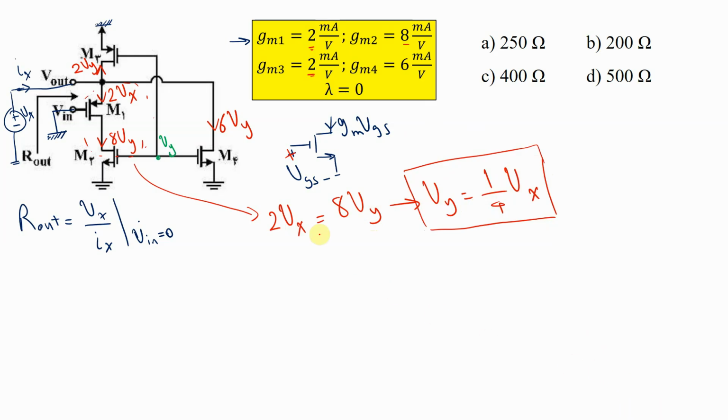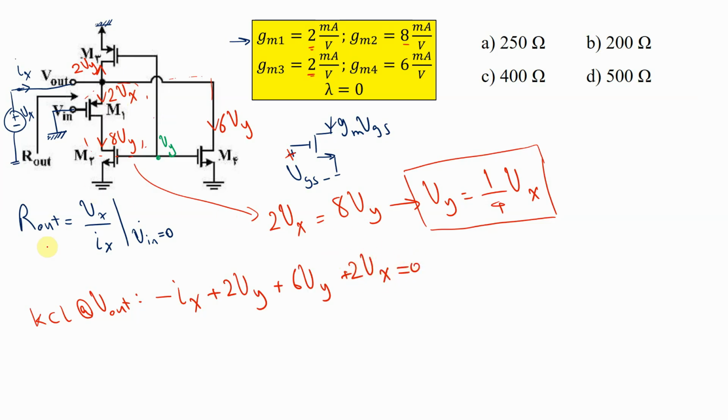Now we're going to use KCL at this node, at the output, when we want to calculate Rout. All the current through this node: Ix is going into this node, so minus Ix, plus 2 Vy going out, plus 2 Vy, plus this current, this is 6 Vy, and this current, not important, you can write 2 Vx or 8 Vy, both of them are the same, plus 2 Vx.